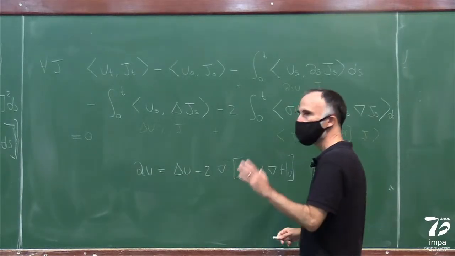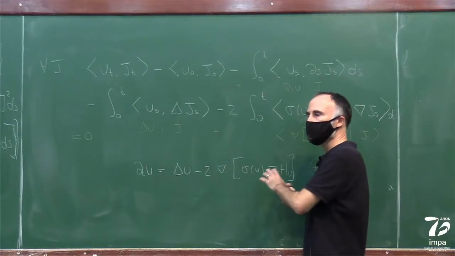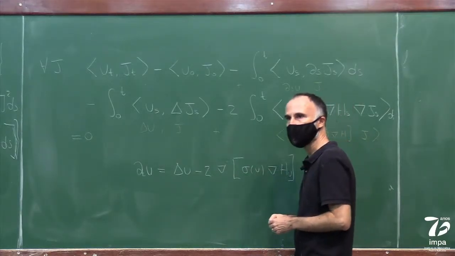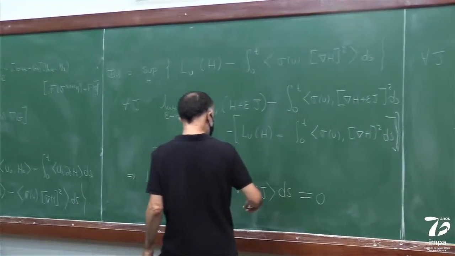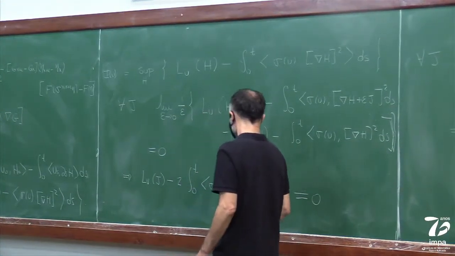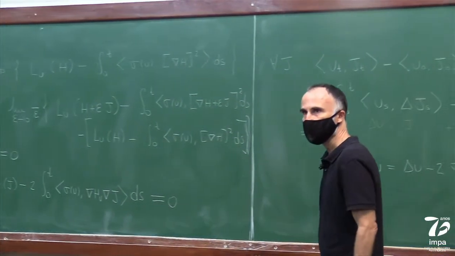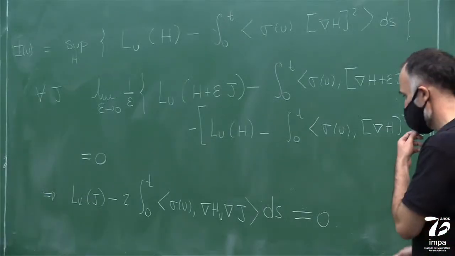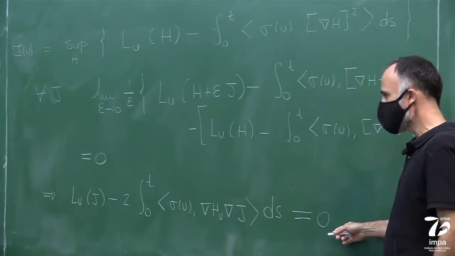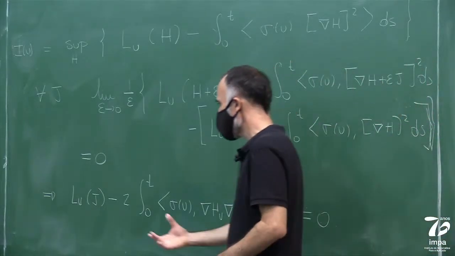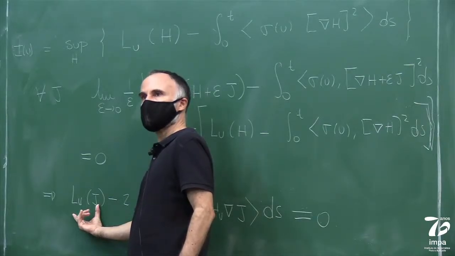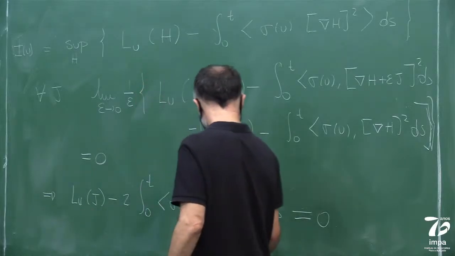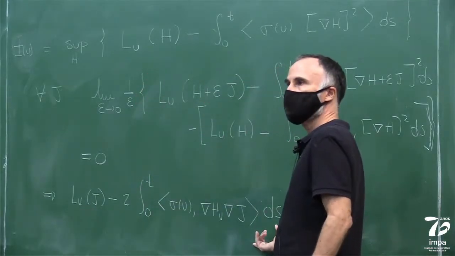U is fixed. You found h of u, which is the solution of this equation. So this means that this h satisfies this. Now, what I read from this equation is that I have a formula for this linear operator Lu of j, it's given by this expression.